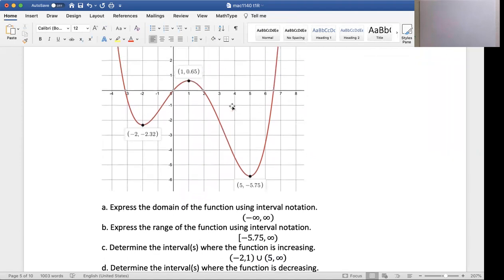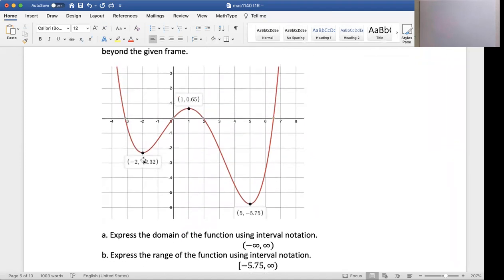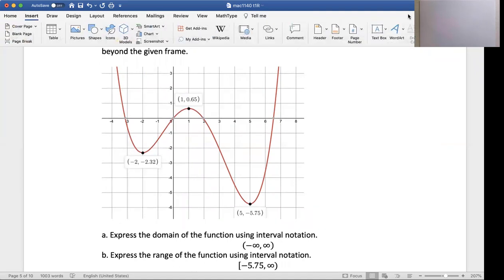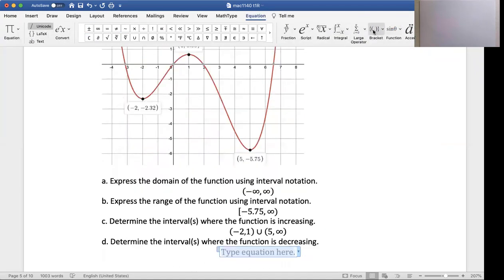Again, falling, x value is negative infinity to negative 2, union, where else is it falling? There's my union. Union from 1 to 5. X value from 1 to 5, time 1 to time 5, it is falling.